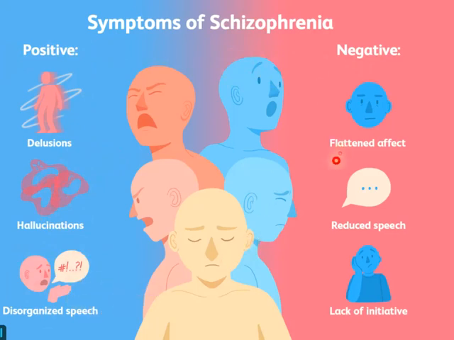Negative symptoms like a flattened affect: you say anything, no expression will come on the face. Reduced speech, they will not speak much. Lack of initiative, kind of like depression, not saying much, not doing much, no expression, nothing. So schizophrenia can have both of these. Treatment is antipsychotic, like risperidone.